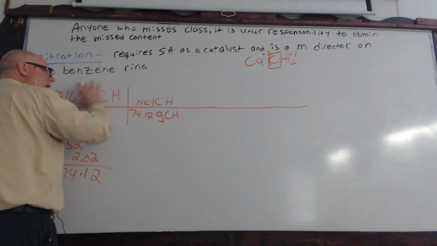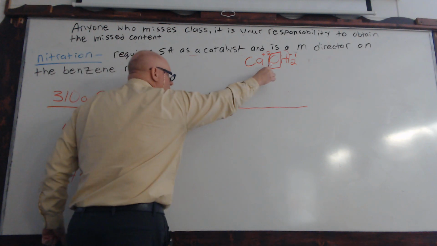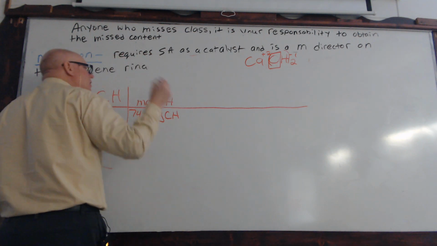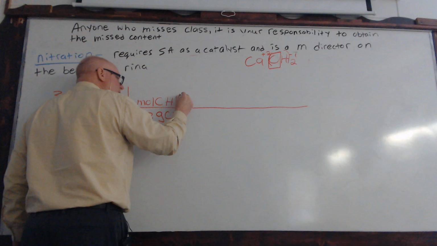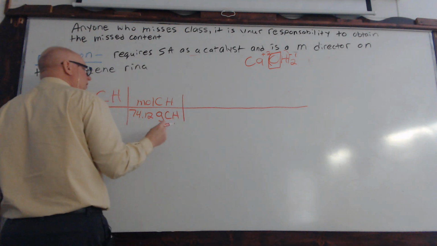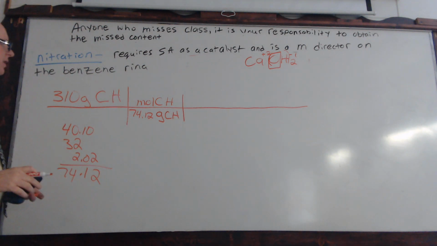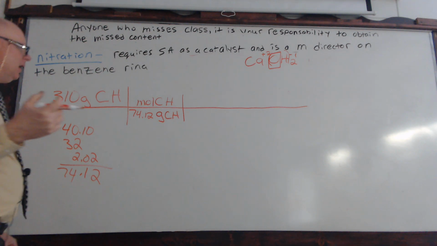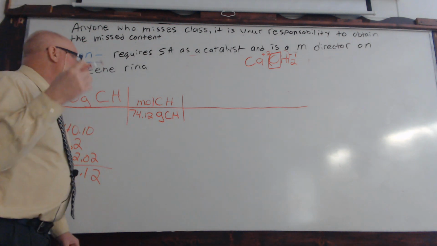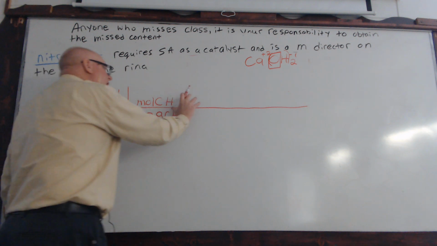Now, that's of this entire compound, but remember, we're just looking for the oxygen. So this next step is really critical because it allows us to change what we have into what we're looking for. Just like making a conversion from feet to inches, inches to feet, miles to feet, for instance. You're using dimensional analysis.